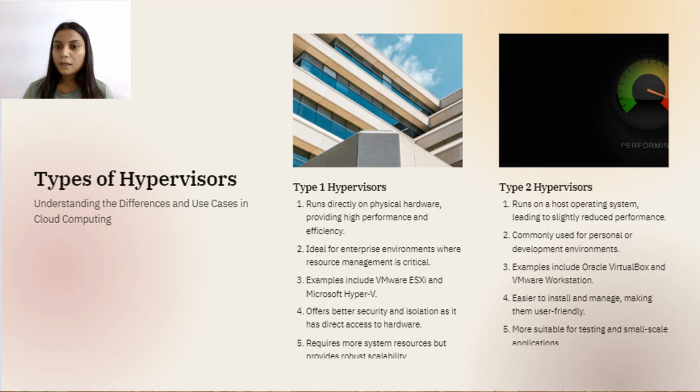The second type is Type 2 hypervisors, which run on a host operating system, leading to slightly reduced performance, commonly used for personal or development environments. Here, examples are Oracle VirtualBox and VMware Workstation.